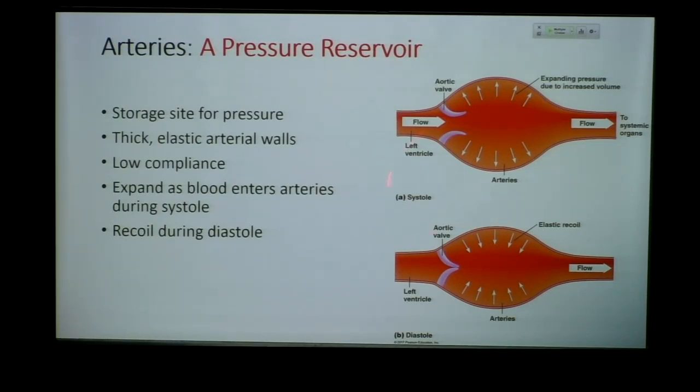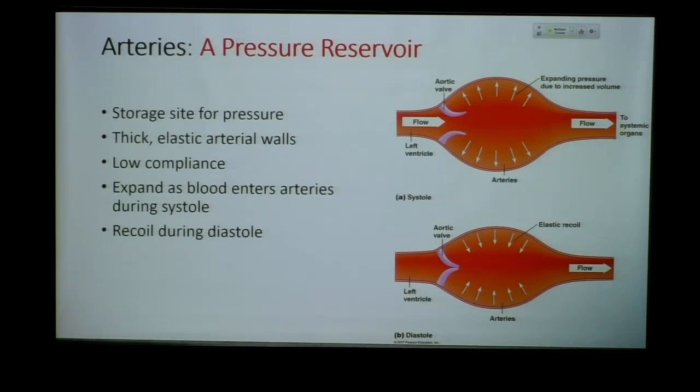So this is where the importance of the elastic nature of arteries comes in. That recoil is what maintains continuous circulation. Think about it. If this artery did not recoil as easily, then we would lose some of our flow during diastole when that valve closes.